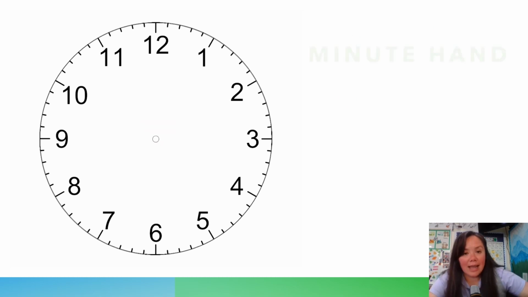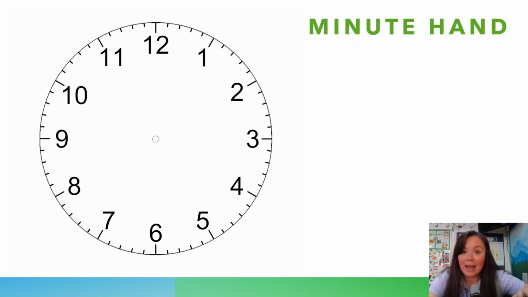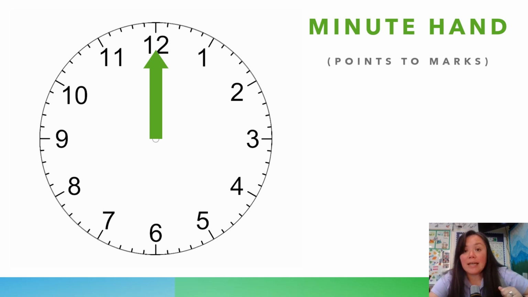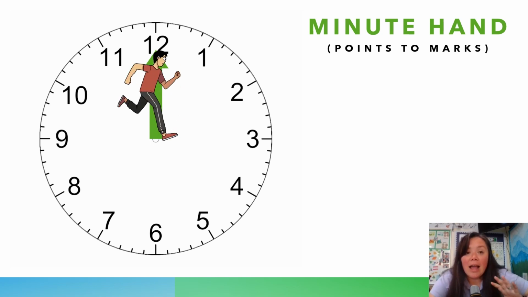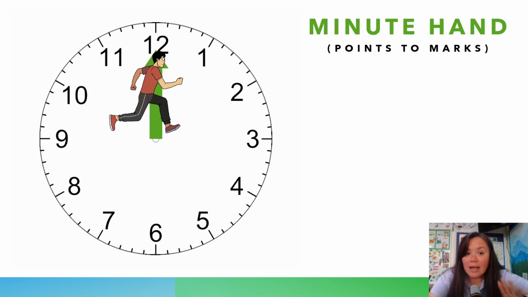The next hand is called the minute hand. It is much longer, usually skinnier, and it moves a lot faster. It's pointing to the outer marks of the clock. It's pointing to the minutes. The reason it's longer is it's trying to show you it's pointing to the outer edges, counting the outer edges of that clock. And I relate it to some tall, skinny guy that's just jamming.